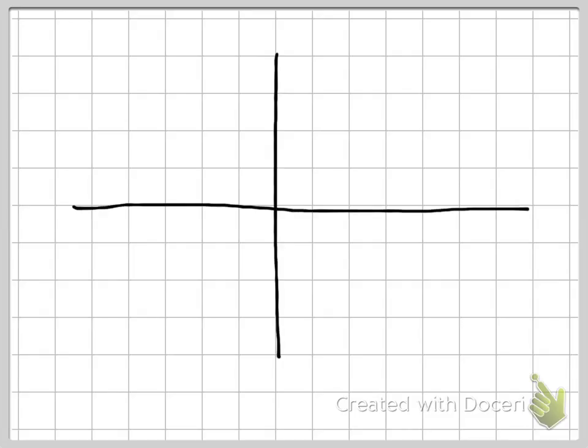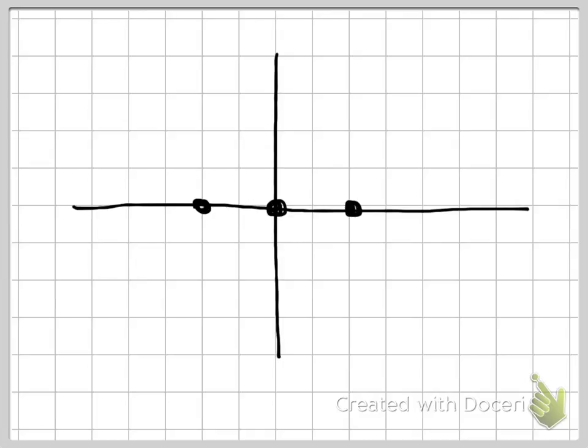So now let's go ahead and sketch this graph. My zeros, I'm going to sketch first. So I had 0, I had negative 2, and I had 2.